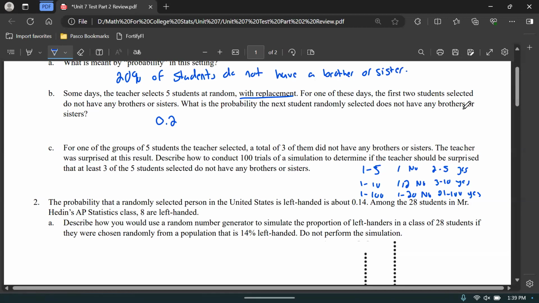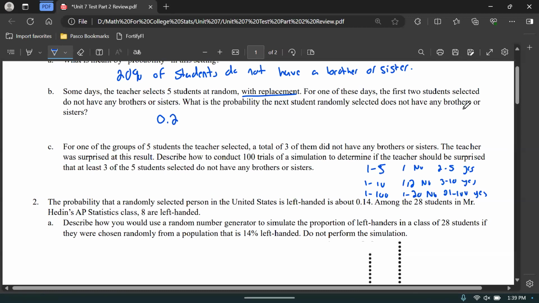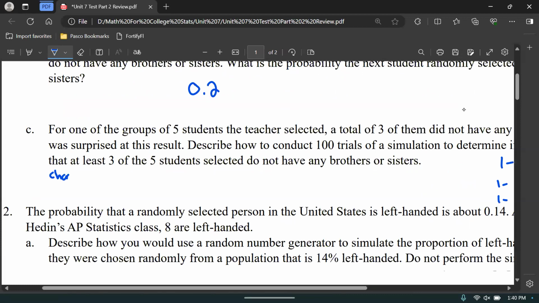I'm going to use the simplest one, which is 1 through 5. So I'll say, let me zoom in a little bit. Choose or generate numbers between 1 and 5. Let 1 represent no sibling.